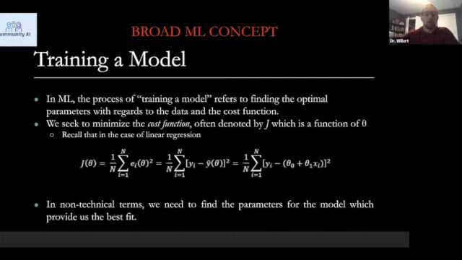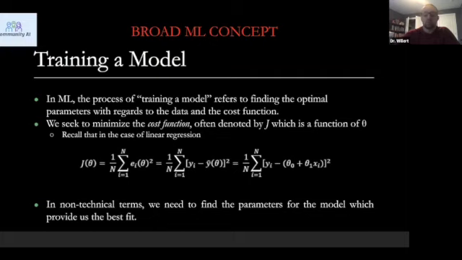So as I mentioned, we seek to minimize what we're calling the cost function. Again, it's really important that we understand what this cost function is. The cost function, which we'll denote by J, is a function of our parameters theta, and it measures essentially how well our model fits our data. From linear regression, we remember that J of theta was equal to 1 over n times the sum of the squares of all the errors.